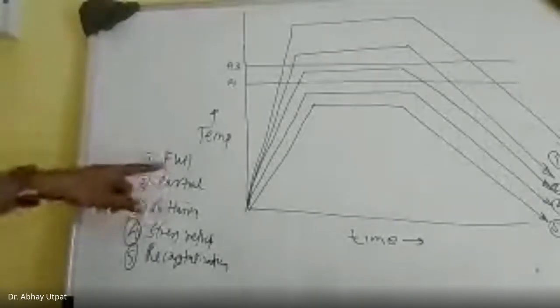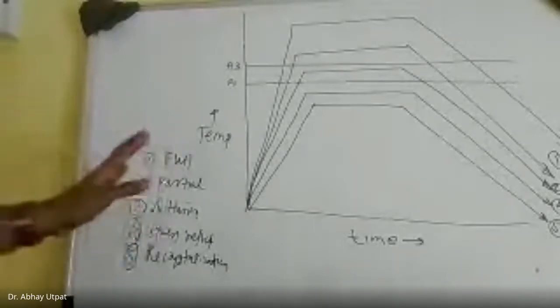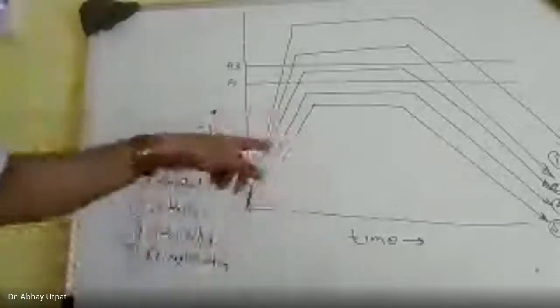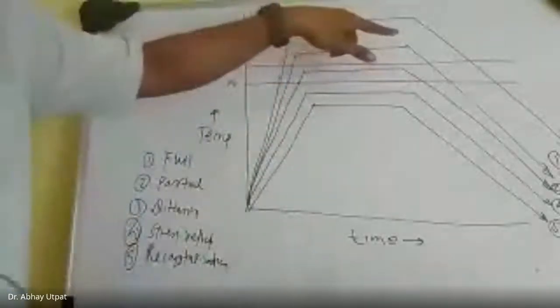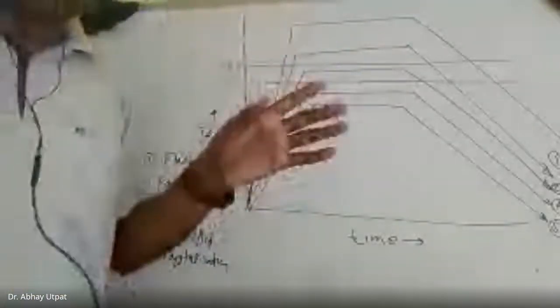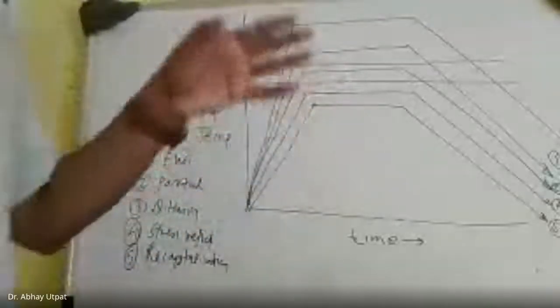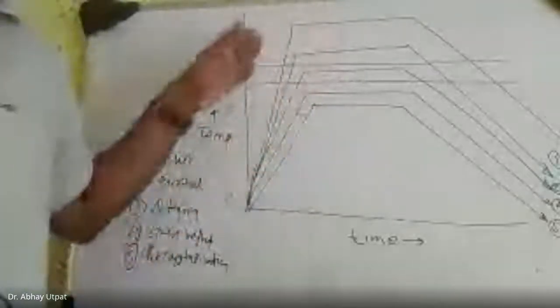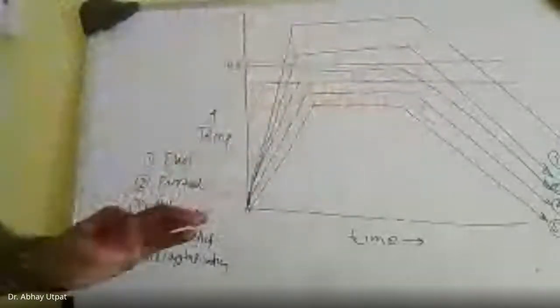So almost I have covered full annealing, partial annealing, homogenizing and stress relief. Now box annealing, spheronizing annealing, etc. are remaining. Box annealing or bright annealing are actually full annealing, so the same curve is followed. That is related to forming a controlled atmosphere around the specimens, so the curve may be the same.